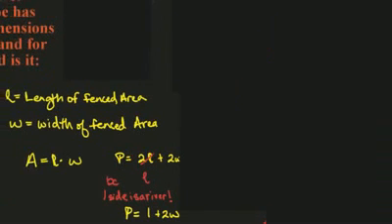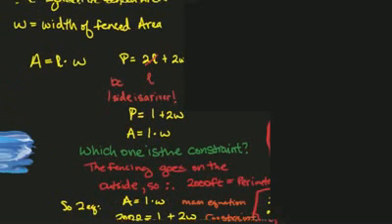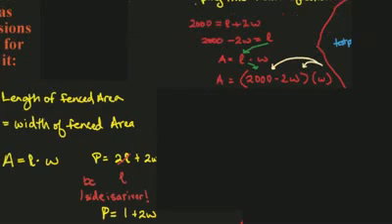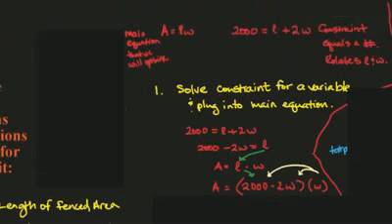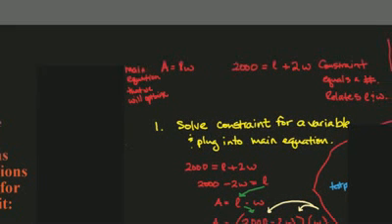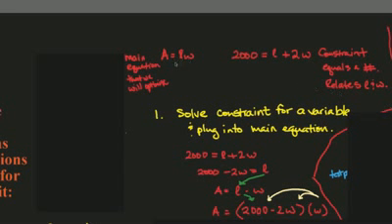So step 2, we're going to have to solve our constraint for one variable and plug it into the main equation. The reason why is because you don't know how to derive just yet a variable or an equation with two variables.